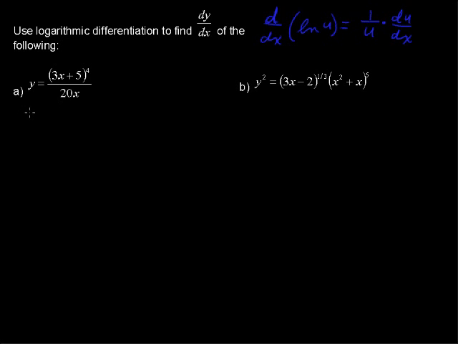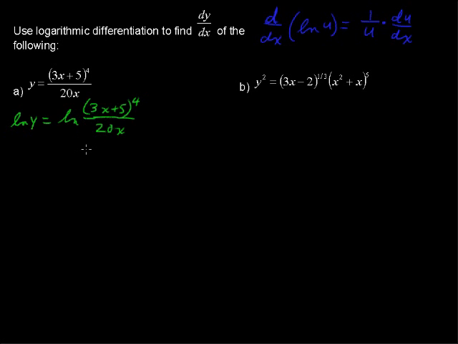Okay, so I'm going to begin by taking the natural log of each side, because you have to do the same thing to each side. So I'll write natural log of y equals the natural log of this big thing, (3x plus 5) all to the fourth power over 20x.